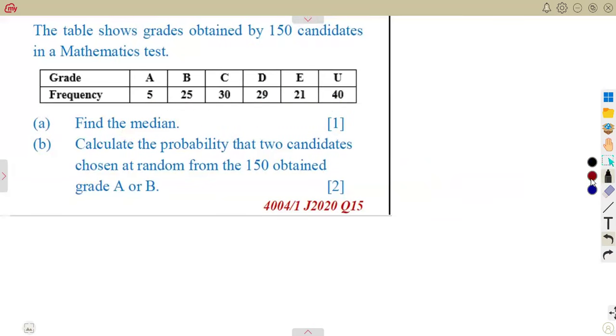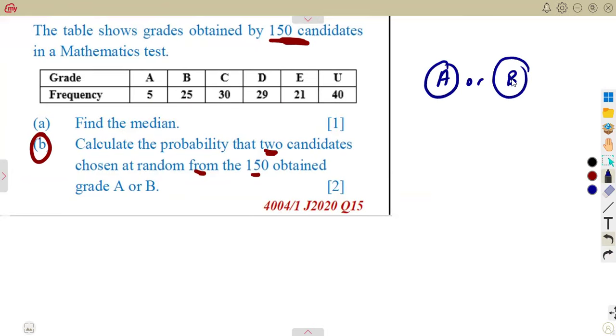What is the probability that two candidates chosen at random from the 150 candidates that we had obtained grade A or B? Okay, so this is from our normal. Let's refer to our sets. If you refer to A or B, this is A on its own, B on its own, but combined together.